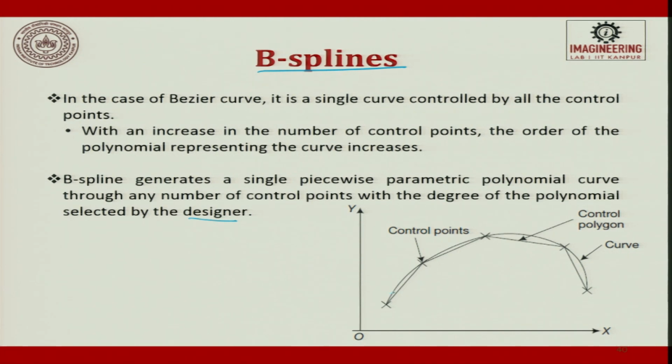So, here in B-spline we are trying to reduce the higher order terms and still draw the curve whatever we want. Again here you will have a start point, end point and control points.